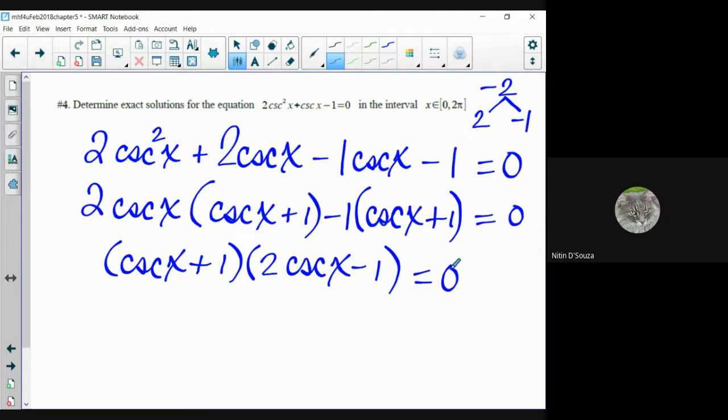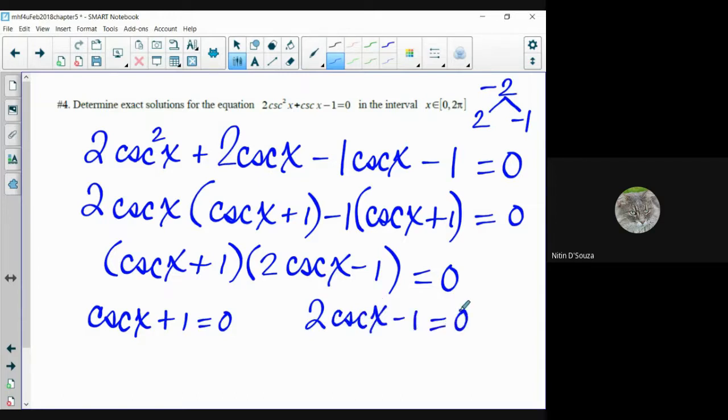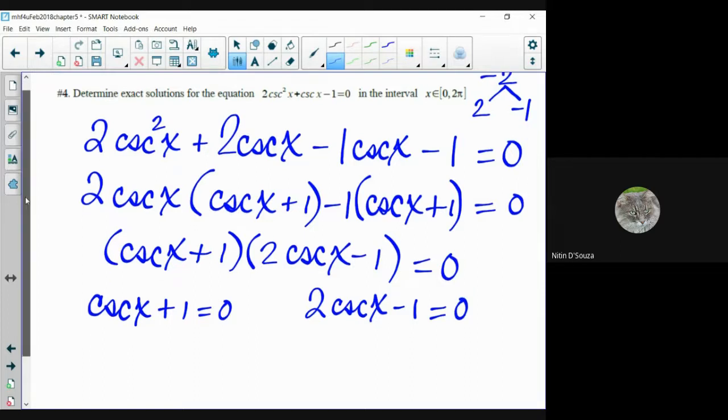When I have 2 things that are multiplying to give me 0, each of them could be 0. So once you come to this point, your next thing is cosecant x plus 1 equals 0, and 2 cosecant x minus 1 equals 0. And then you go ahead and solve that.